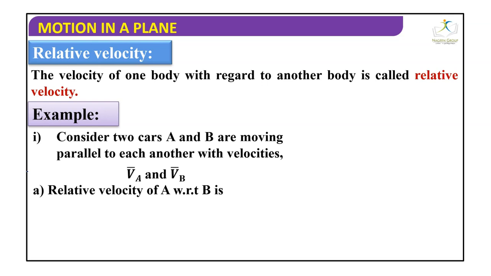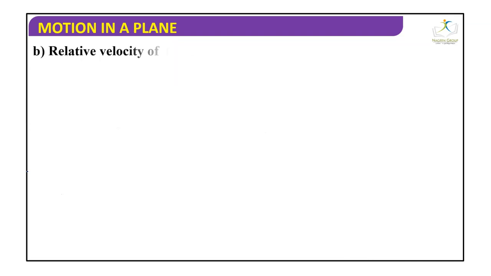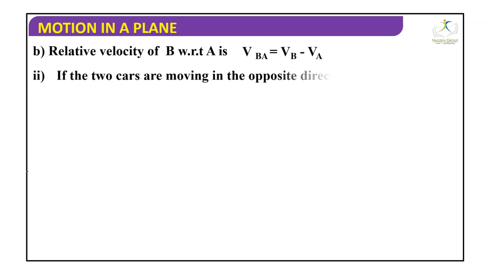The relative velocity of A with respect to B is VAB, which is VA minus VB. As you can see, both are cars moving with velocities VA and VB. Second, the velocity of B with respect to A will be VBA, that means VB minus VA.